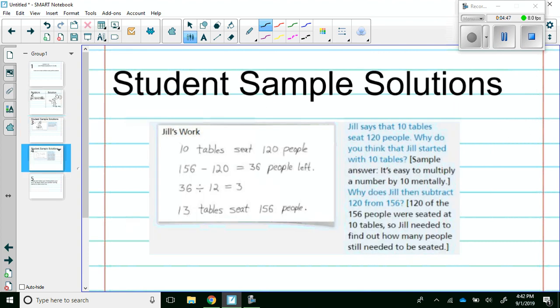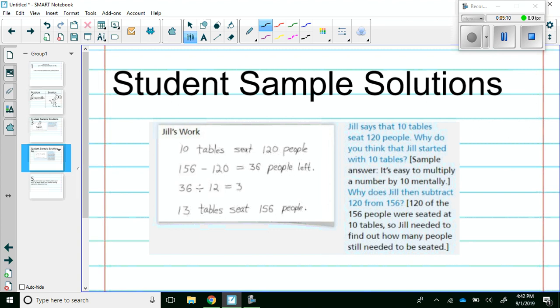Next is Jill's work. She says that 10 tables seat 120 people. It asks why we think that Jill started with 10 tables. And it's the same reason I feel like Val and I did the problem, because we know it's easier to multiply by 10 mentally.